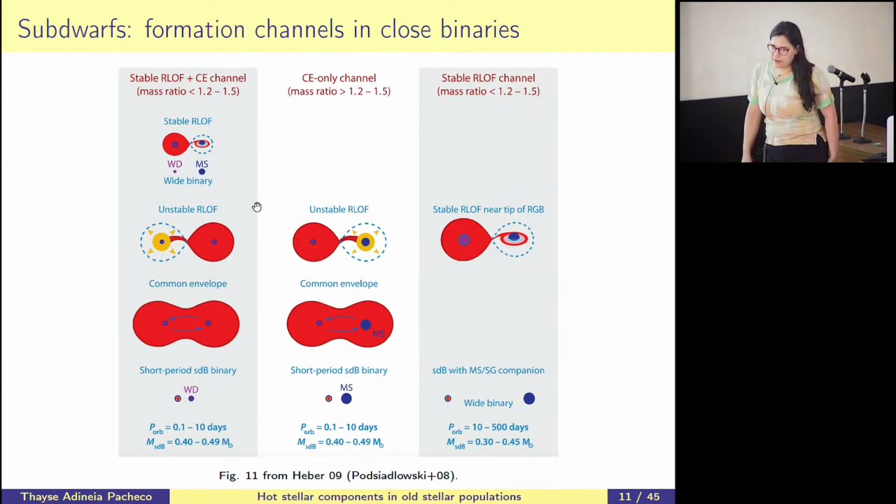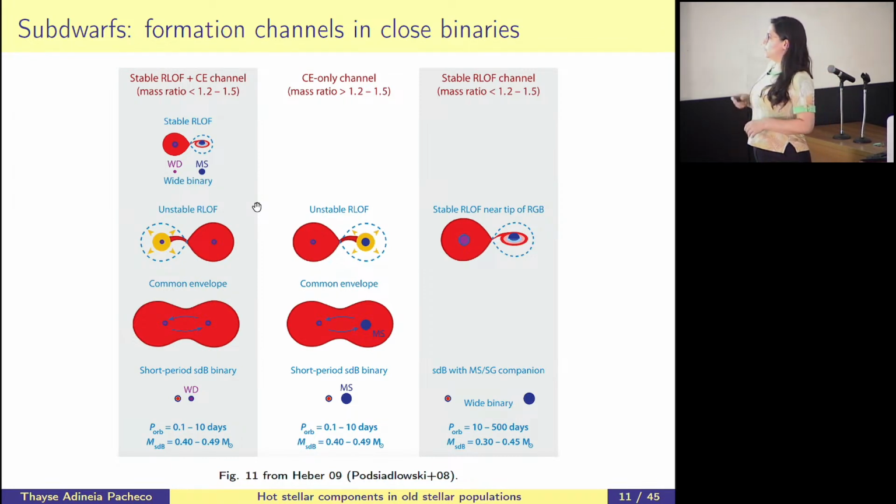Subdwarfs are stars whose formation channels we think are in close binaries. So we can have an unstable Roche lobe overflow passing through a common envelope to form a short period subdwarf binary. Or we can have an unstable Roche lobe overflow to form some wide binary.